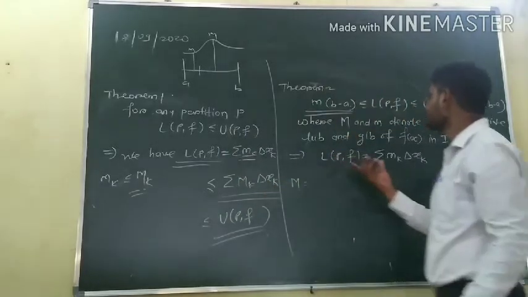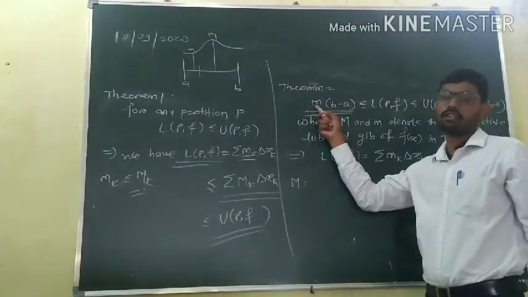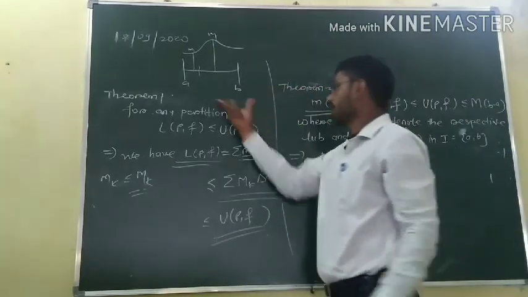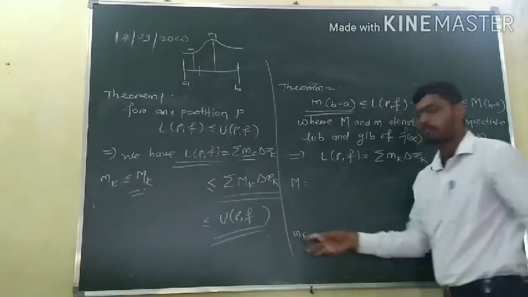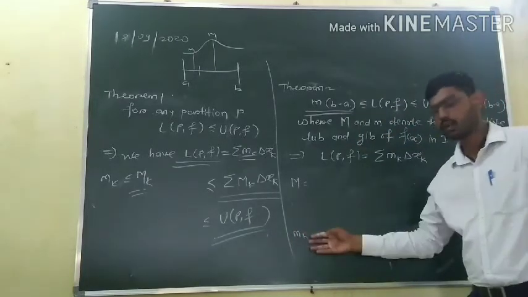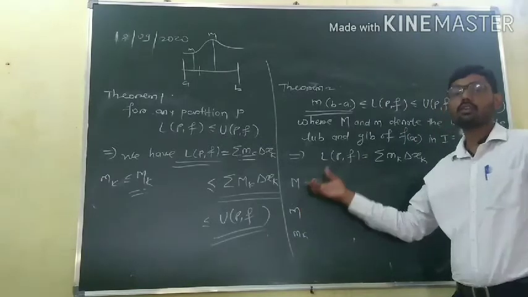Similarly, small m is the minimum value of the function in the whole interval AB, and small m_k means the minimum value of the function in the kth interval, and only small m means the minimum value of the function in the whole interval.